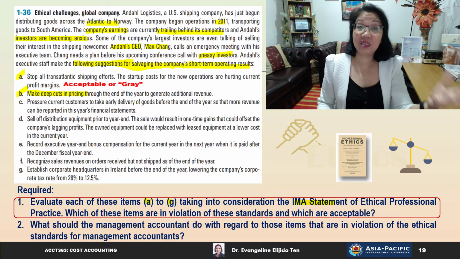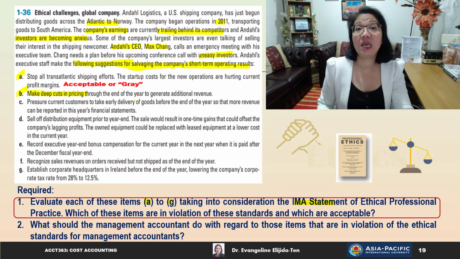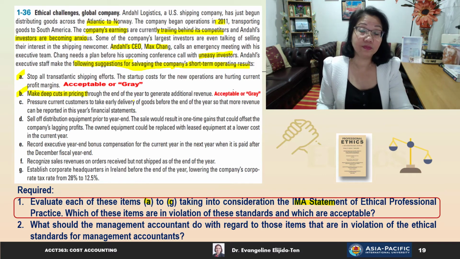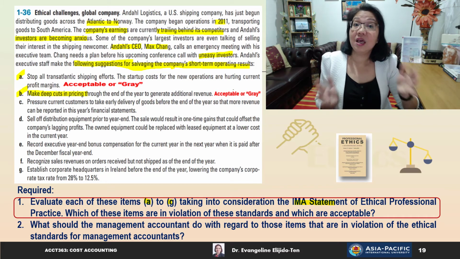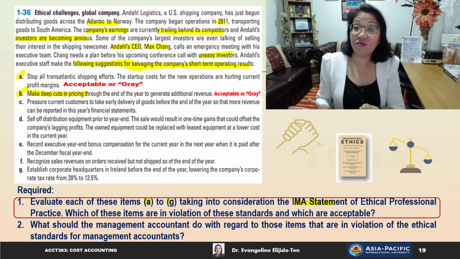But is it in violation of any ethical standard? Well, it's not really. So it is acceptable. Or it could go gray as well, because if they connive with other parties in cutting prices, that could be illegal, and therefore it could become unethical.